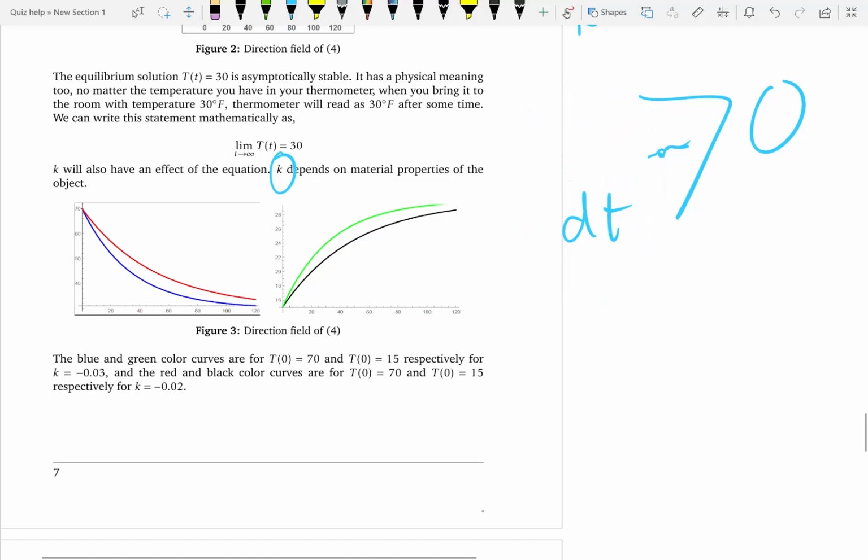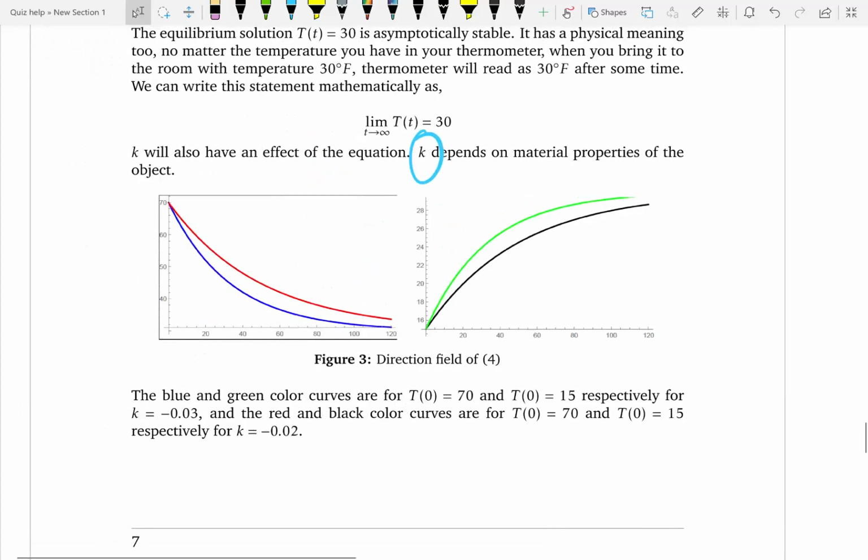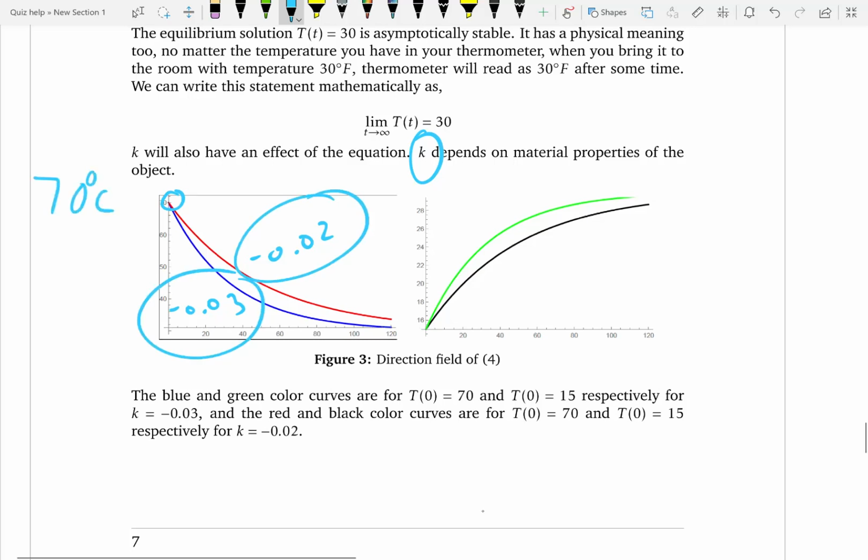So depending on what K you have, you might have different solutions. You might start from a temperature of 70, and the red and the blue colors represent different K values: negative 0.02 for one and negative 0.03 for the other. Different K values, but the same starting temperature and the same room temperature.